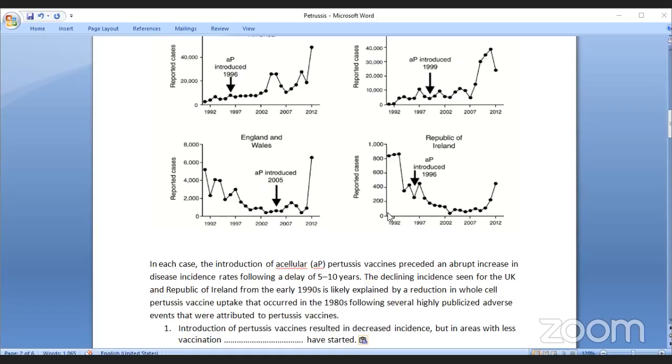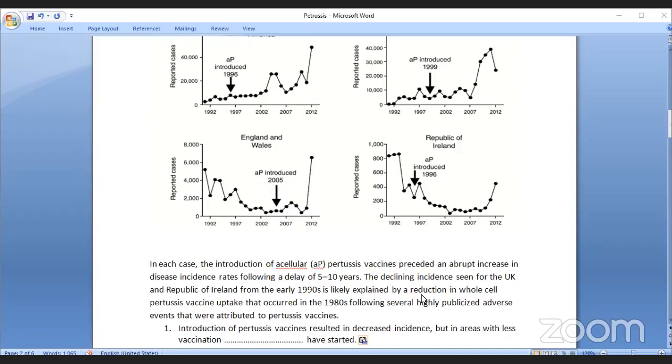There's some confusion here. The introduction of pertussis vaccine resulted in decreased incidence. That is okay. Overall, decreased incidence.